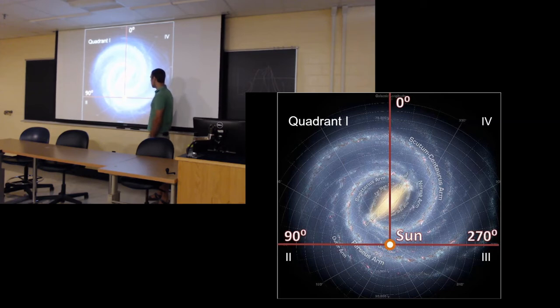So from the GBT, for instance, we can observe from about here and about here, and then all of this is not observable. You will have the same experience with your little radio telescopes. That's why the first galactic quadrant is the one that has the most going on, and the fourth is difficult to observe.